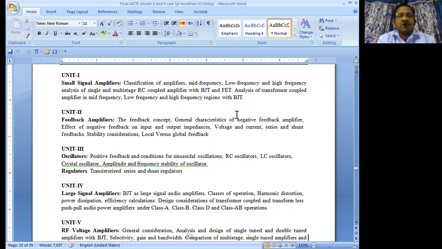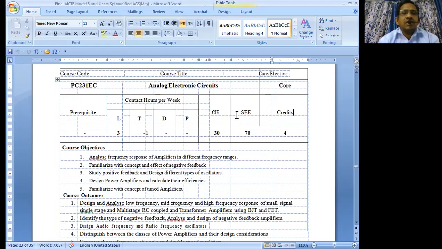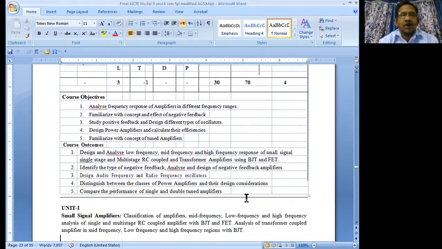Now in this subject we have analysis on that particular hybrid model. So here we start straight away with small signal amplifier analysis. Even though the given syllabus says there is no prerequisite, I prefer that you have electronic devices as a prerequisite subject.